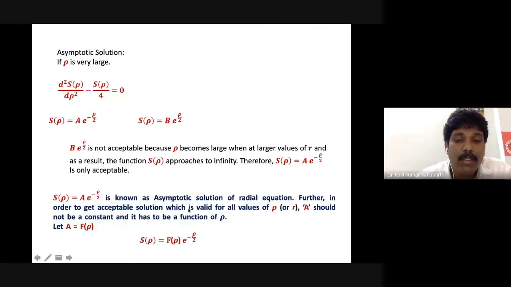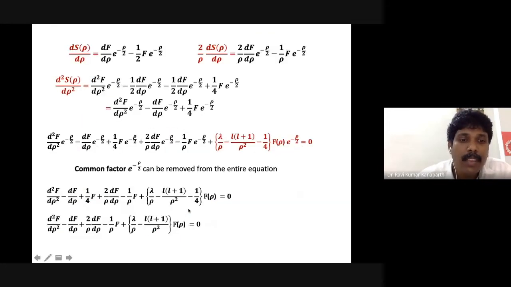Okay, further what you can do is combine the similar terms. The first step is that you take the common term and cancel it, since in all the terms there is an e to the power minus rho by 2. So this e to the power minus rho by 2 you can just remove from all the terms. And second, there are common terms.